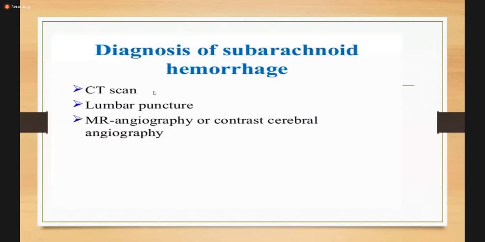You have to go for a CT scan of the brain to look for subarachnoid hemorrhage. A CT scan is not 100% sensitive, but if the hemorrhage is not present on CT scan, then you have to go for a lumbar puncture. You will find xanthochromia, and MR angiography or contrast cerebral angiography is used to look for the aneurysm.